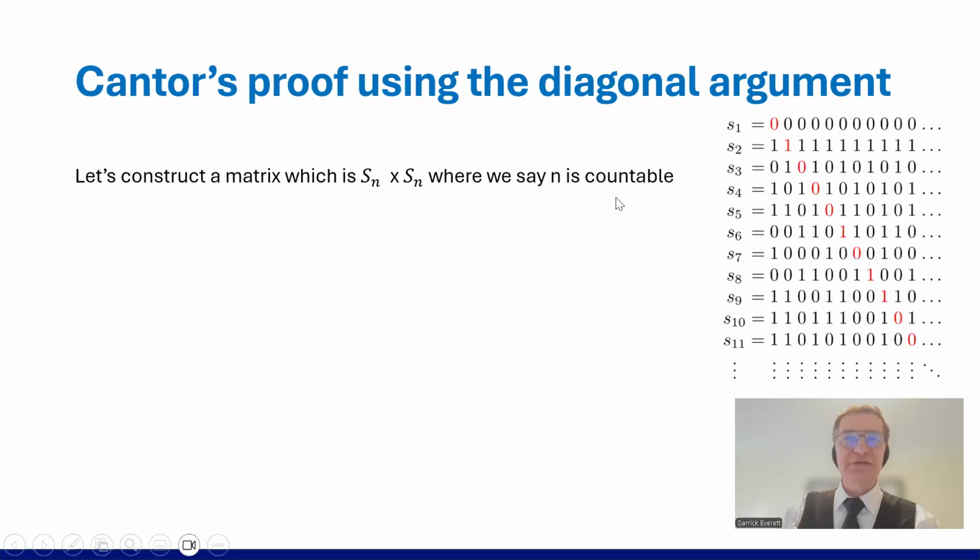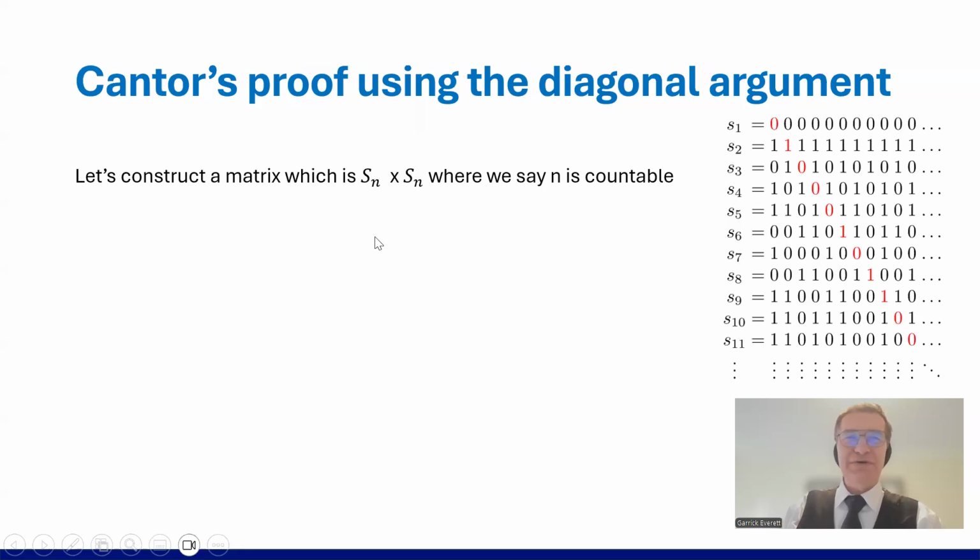So here's our matrix. So S1 is all of these zeros, ones, S3 is this one, S4 is this one, and you're really changing as you go along each line. Okay, so we've constructed a matrix which is Sn by Sn, where n is countable.